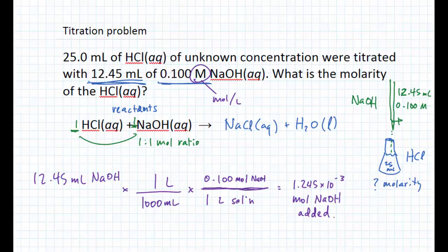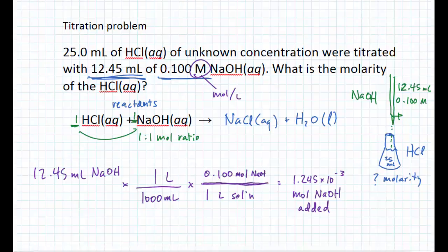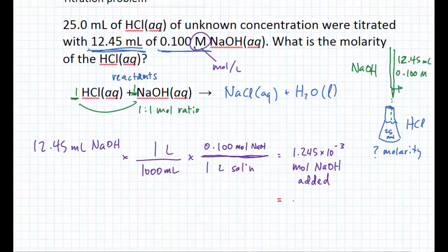So what do we also know about that 1.245 times 10 to the minus 3? That equals moles of HCl originally, and that's because that's the equivalence point.